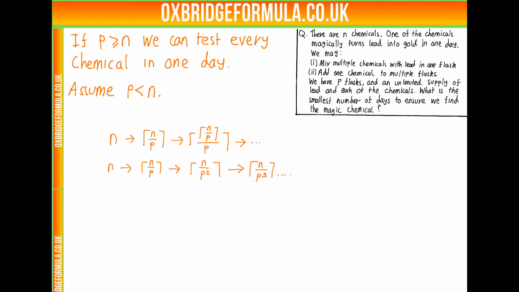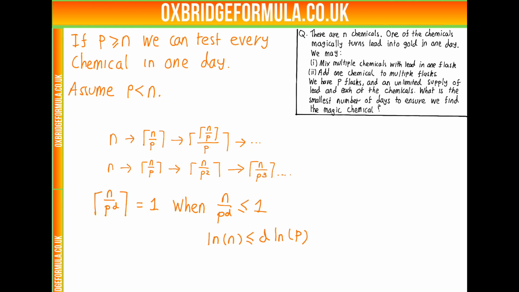So where do we go from here? Well, we're looking for when the ceiling of n over p to the d, because the d is how many days we've taken up to this point, is equal to 1. So that's when n over p to the d is less than or equal to 1, and this we can rearrange quite nicely. So that's when natural log of n is less than or equal to d times natural log of p, by bringing the p to the d up and taking logs.